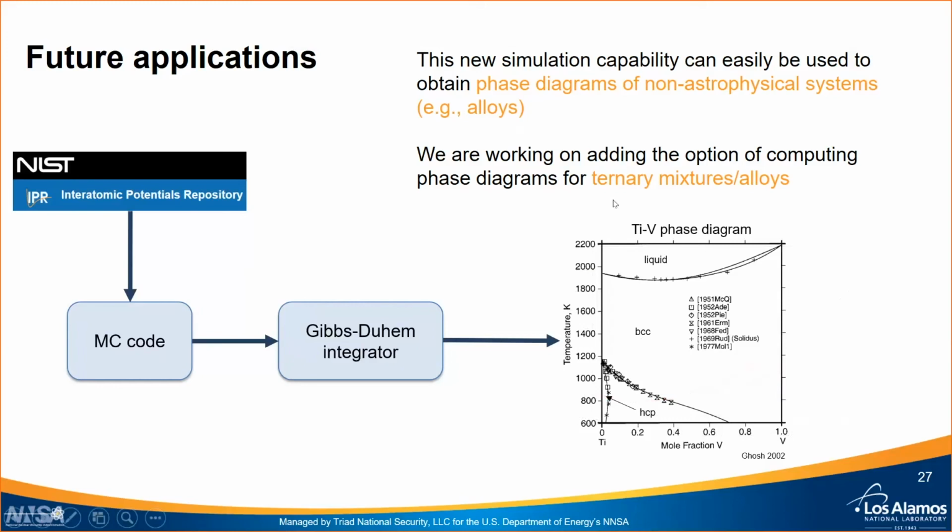We are also working on developing a version to compute ternary phase diagrams of mixtures or alloys. So this is something that is impracticable with the molecular dynamics approach, because already if it takes you 1 million core hours just with two components, then if you add a third component to your phase diagram, it means much more calculations to do.